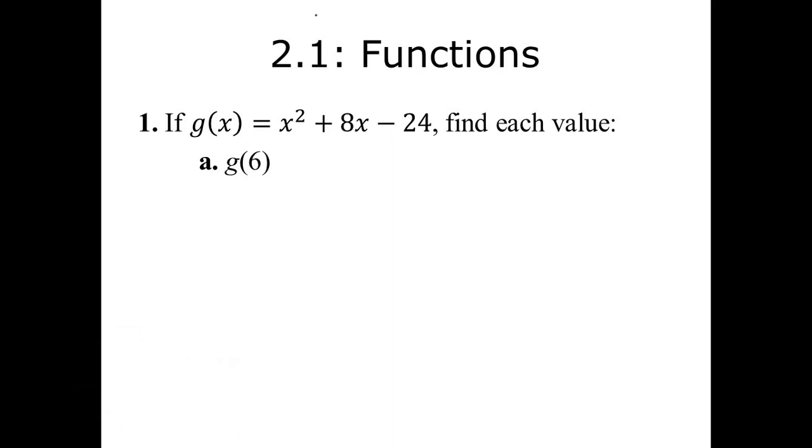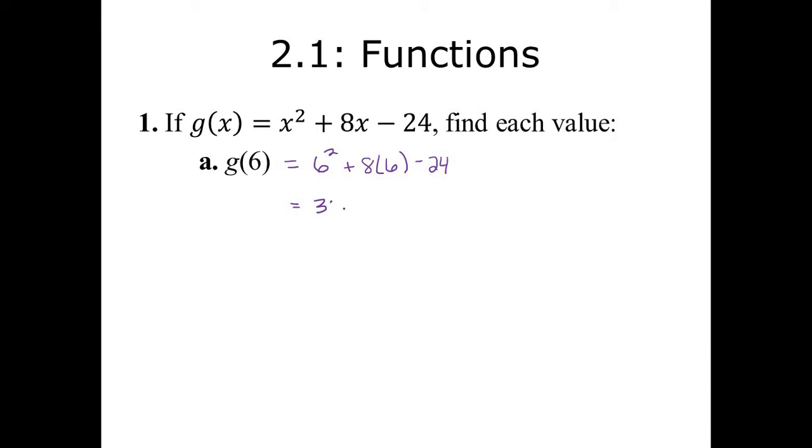Alright, g of 6 equals, what we're going to do, we're going to take the value of 6, and wherever we see an x, we're going to replace it with a 6. So g of 6 equals 6 squared plus 8 times 6 minus 24.